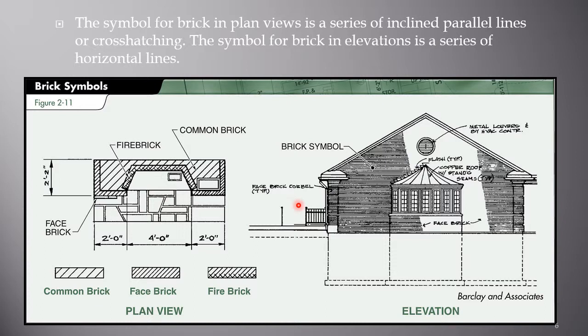So when brick is going to be used, they will simply shade the area and label it as face brick. You see here we also call out for flashing, which we discussed under roofing. The roof here is copper and metal louvers. Notice it's by the HVAC contractor, and again we'll explain that definition shortly.